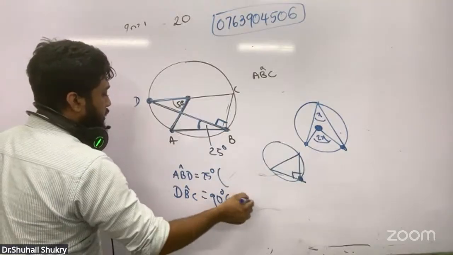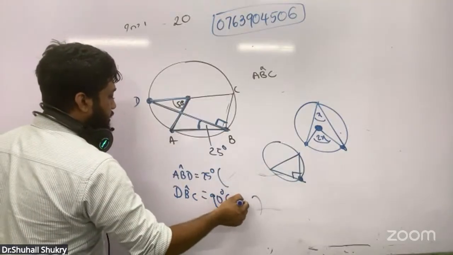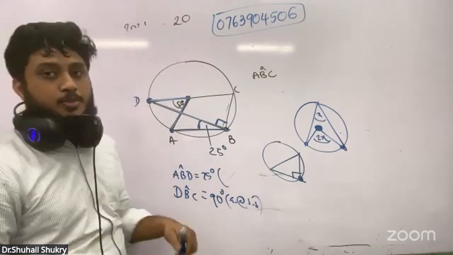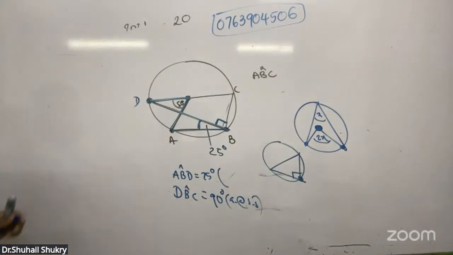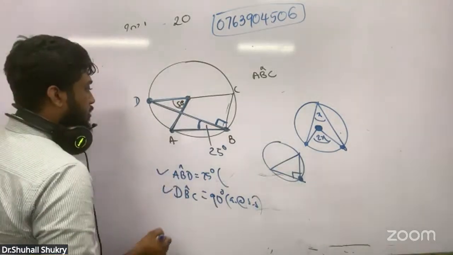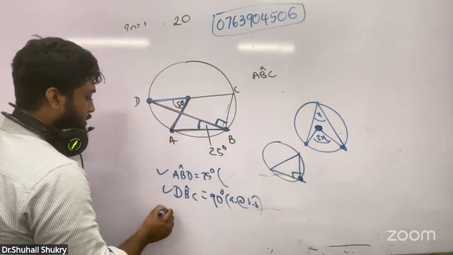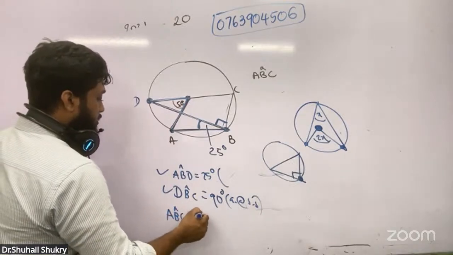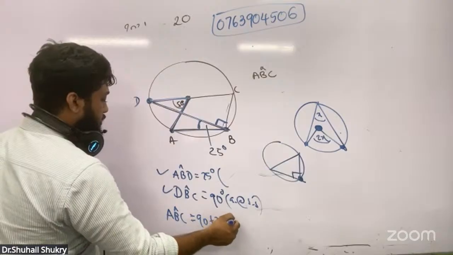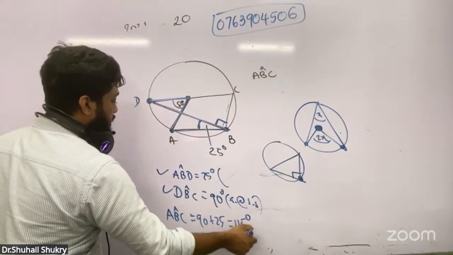What is the reason I have to write? Angle at semicircle. So if I know ABD and DBC, finally I can write ABC is equal to 90 plus 25. So it is equal to 115.